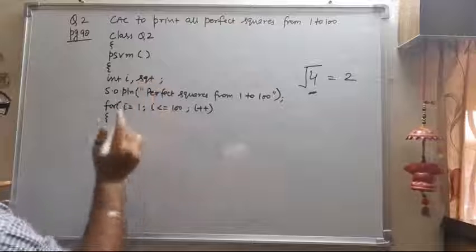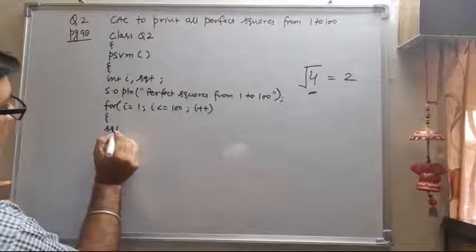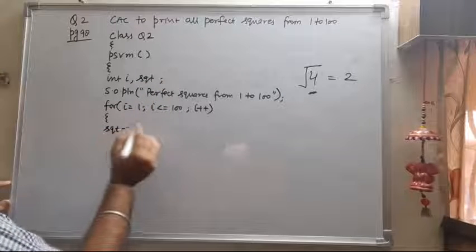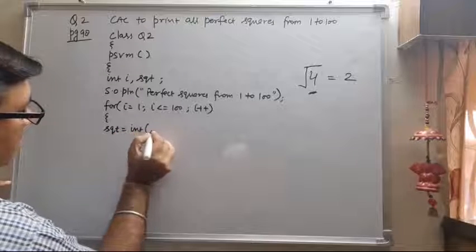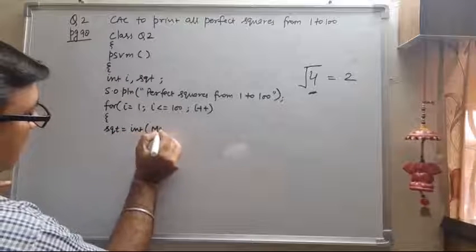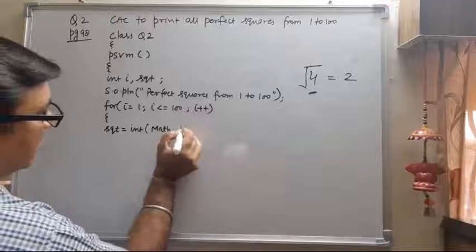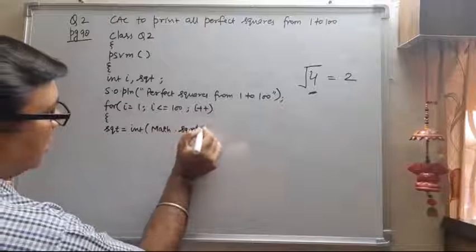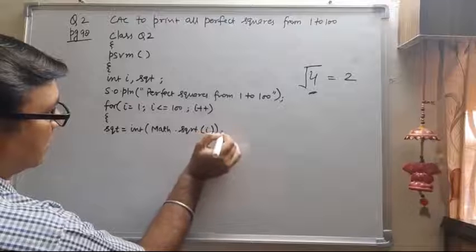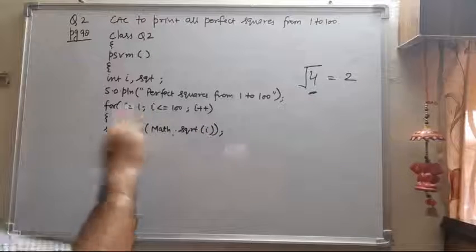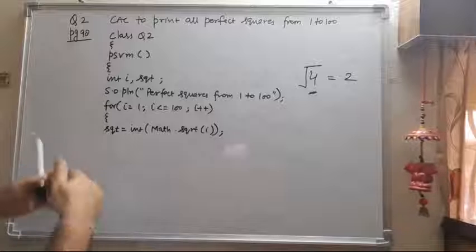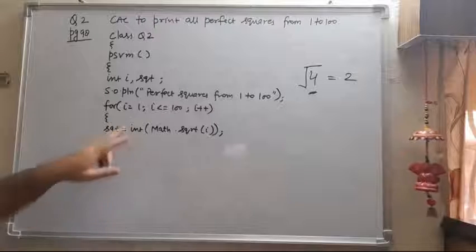We have taken a variable sqt is equal to int of Math.sqrt of i. This will find the square root of each number from 1 to 100. Every time it will find the square root of each number.